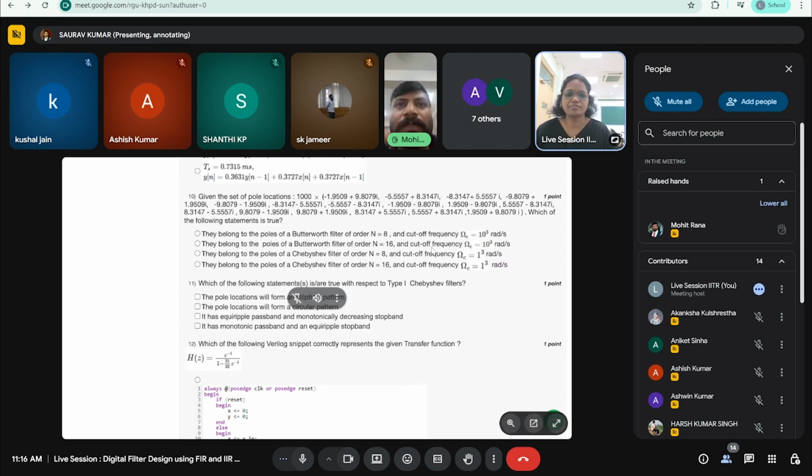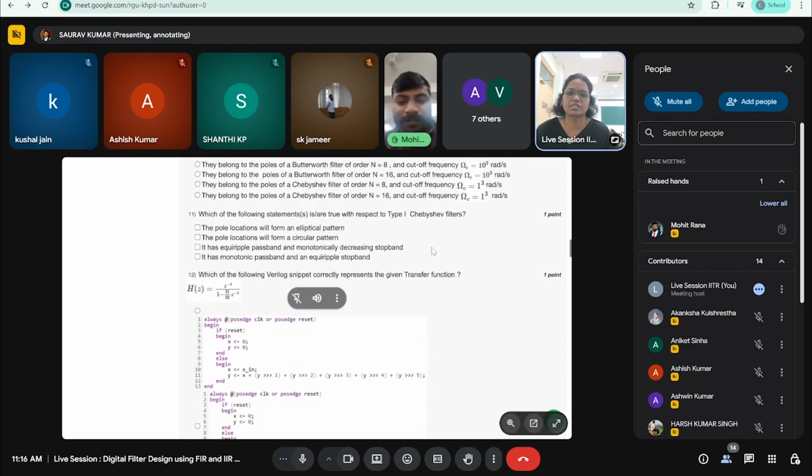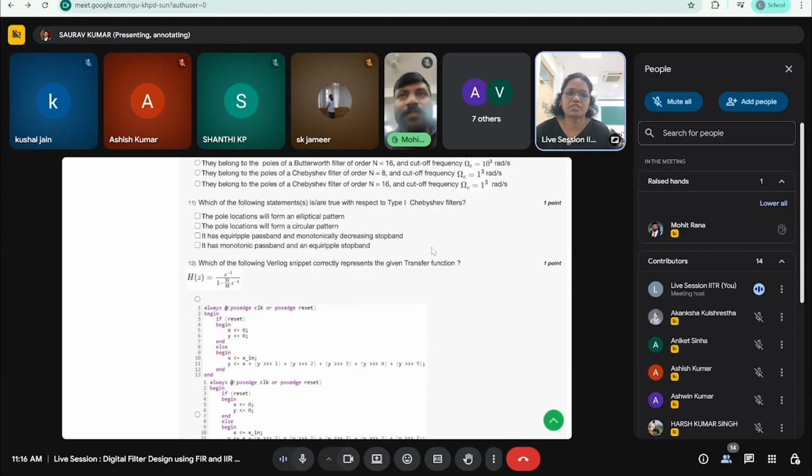Okay, so that is one, and then 11 is the type 1 Chebyshev filter. There are two types of Chebyshev. Only one is discussed in the lecture, because the second one is not discussed. We have not done it. Type 1 will have a monotonic response in the stop band, and the ripple combination will be exchanged in type 1 and type 2.